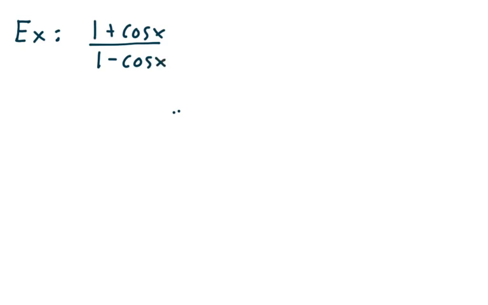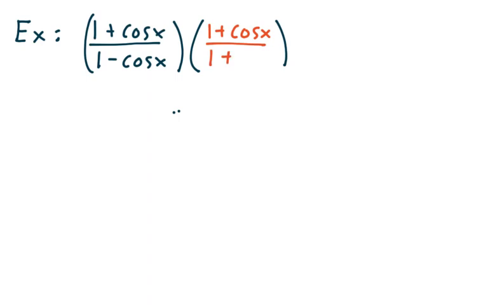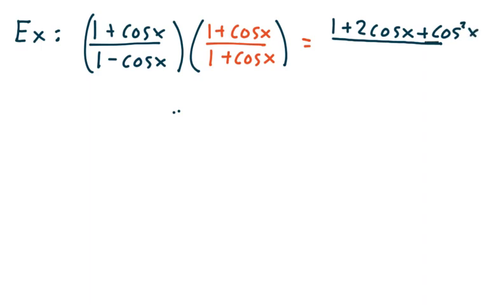And so, once again, I'm going to multiply numerator and denominator by 1 plus cosine x. So it's just a fancy way to multiply by 1, okay? And so, in the numerator, we have 1 plus 2 cosine x plus cosine squared x.